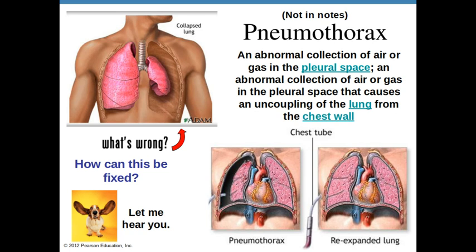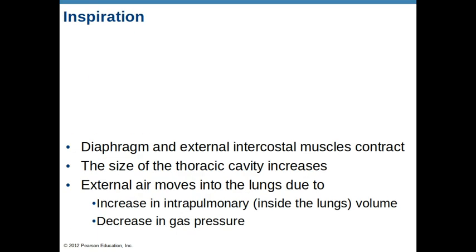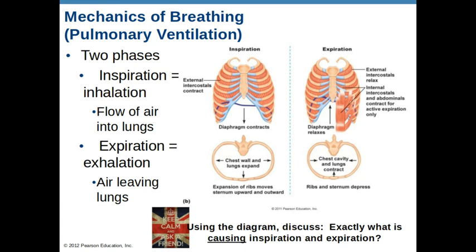If you have trouble with the idea of pressure and volume, just think about a box. If I make a box volume smaller, then the pressure inside of that box is going to increase. Let's go back here so we can see this in this other diagram, because it's a good one.